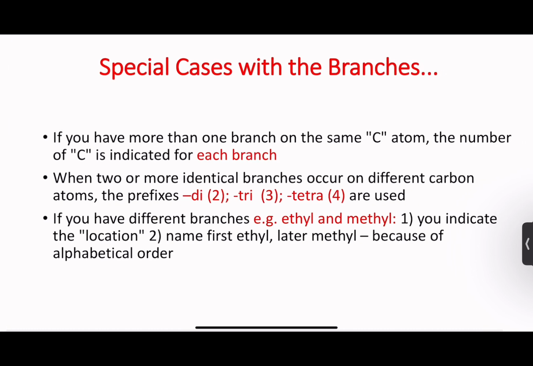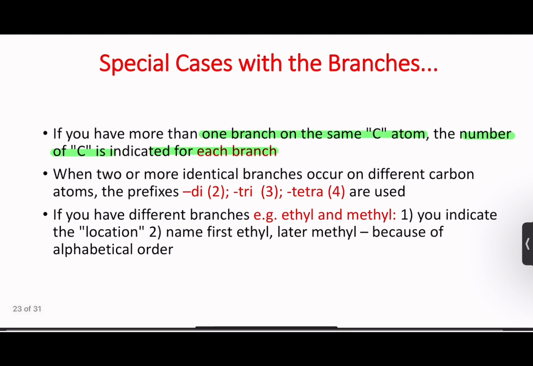Special cases with branches. Again, this is a review. If you have more than one branch on the same carbon atom, you number each branch. If you remember, we had a carbon with a methyl in here and then a methyl in here. Let's say this was a second carbon, we were saying 2,2-dimethyl, because we had to number each branch.